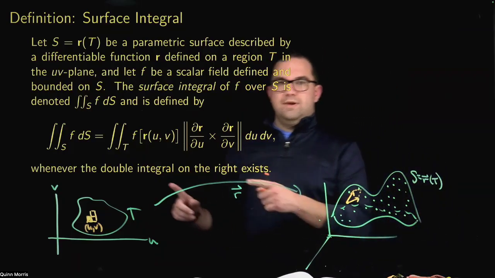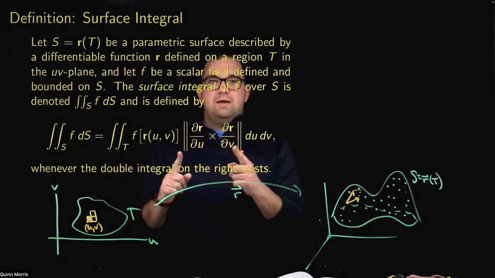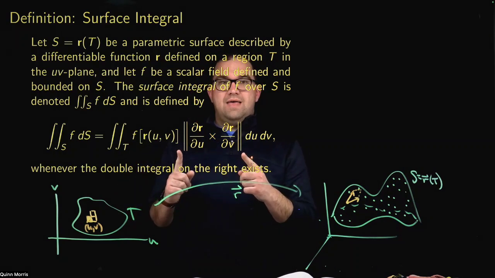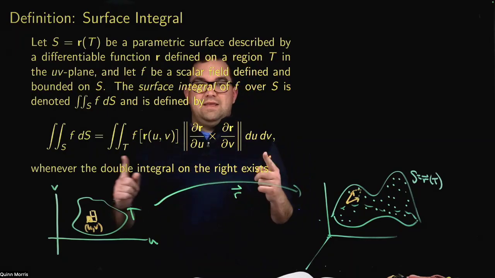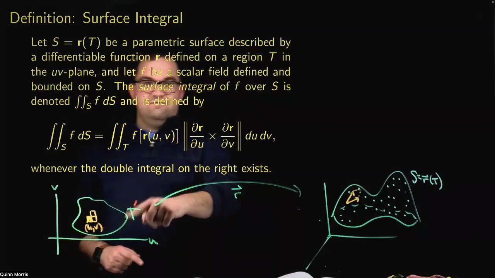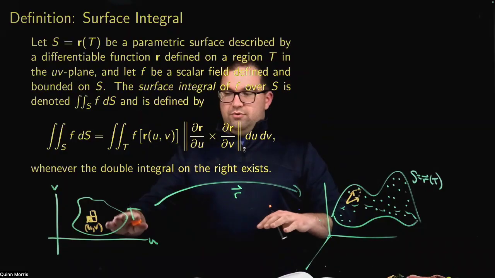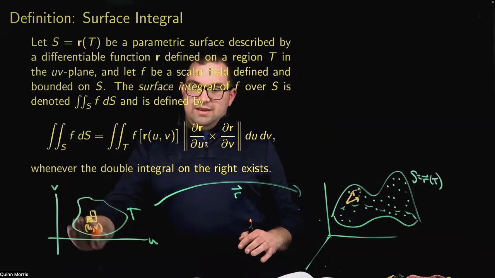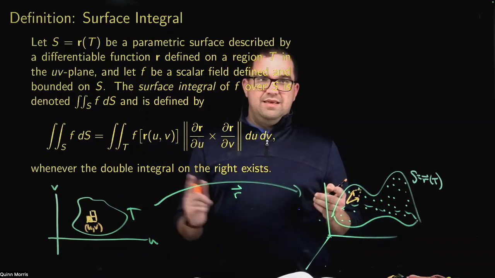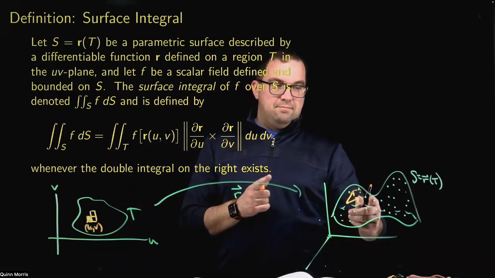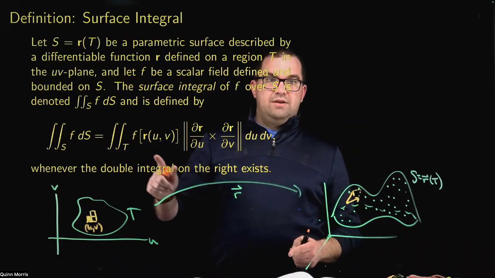Okay, so really what I'm doing is I'm taking the values on the surface, but I am weighting them by that local magnification factor. And then I'm adding all of those things up over every u and v in this region T. So I'm integrating over this region T, but I'm aware that this region T is being mapped over here to my surface, giving me some different function values.